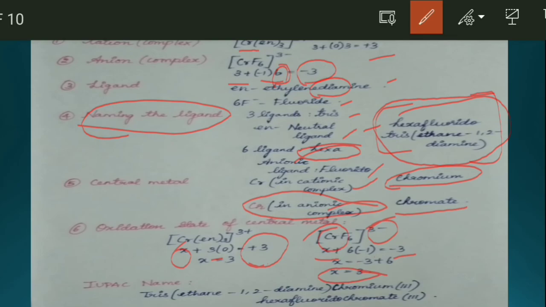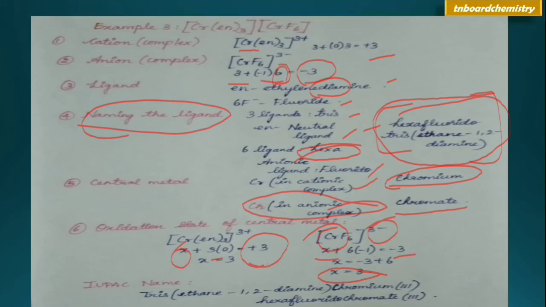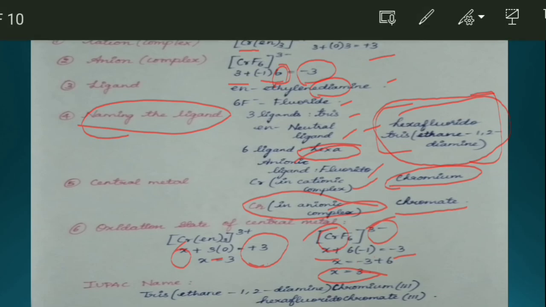Now we are going to name the complex. First we are going to name the ligand of the first complex. In the first complex we have ethylene diamine as ligand. So tris ethane 1,2 diamine chromium.